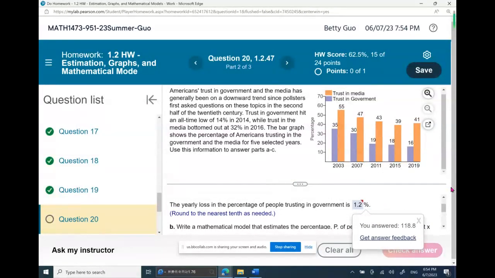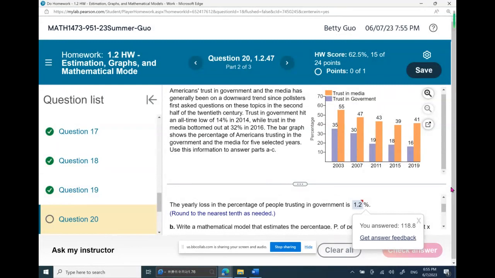Oh, okay. My bad. A decimal. I know what went wrong. 35% is 0.35. We should not use 35, we should use 0.35, minus 16%, which is 0.16. So the difference in percentage is 0.19.